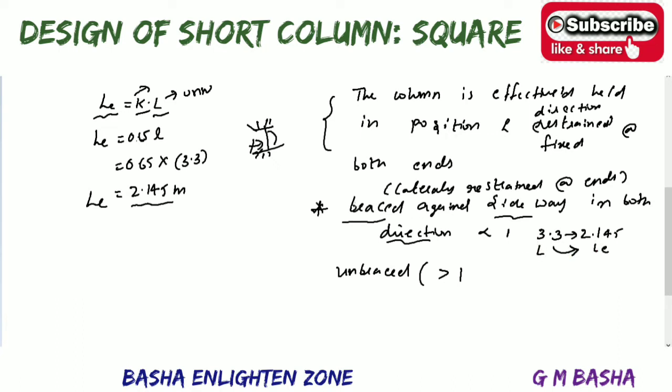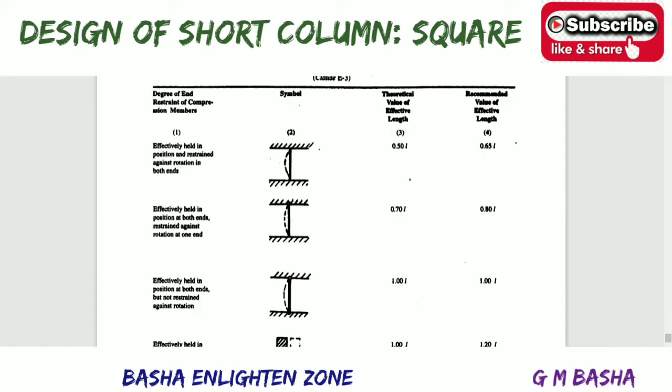That is for the braced, laterally restrained conditions. If the condition comes under an unbraced column, your k value will be greater than 1. For example, multiply by some other value, say 1.20, so it comes under the unbraced condition.